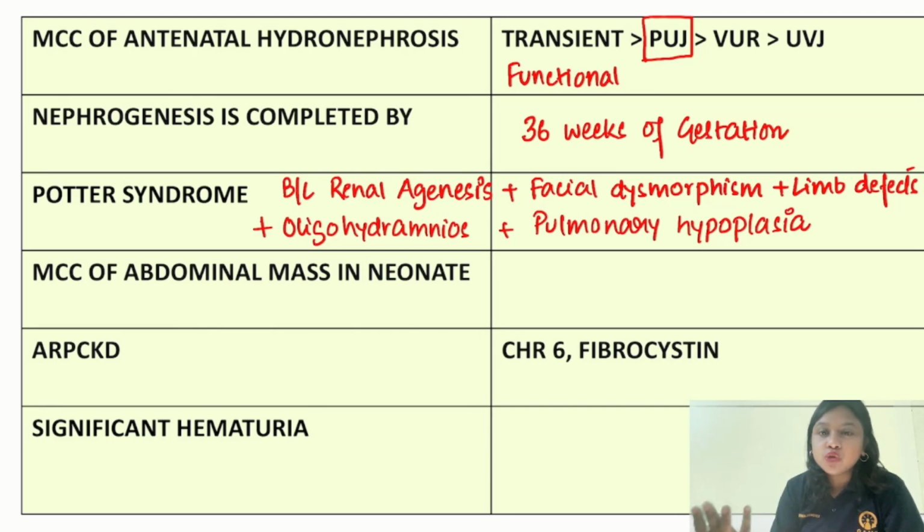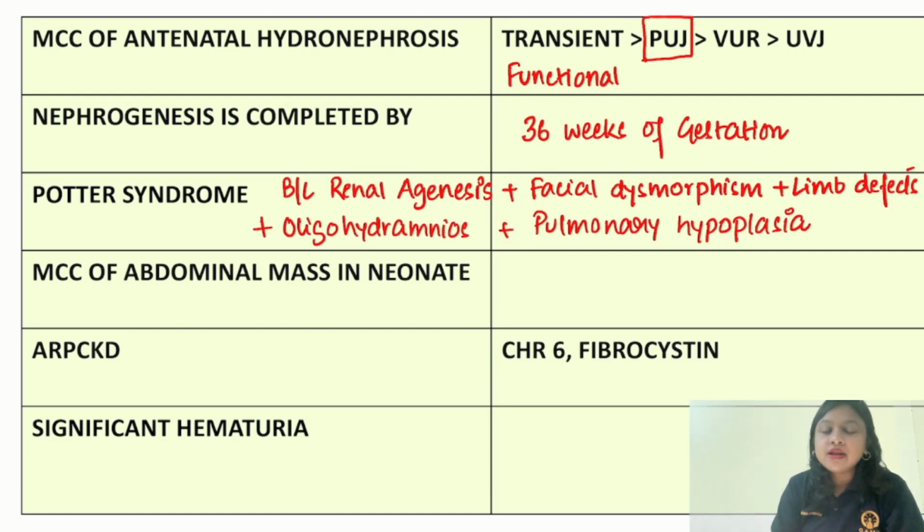Actually, ultrasound KUB is always done if you are having some midline defects, right? If you are having cleft lip, cleft palate, imperforate anus, scoliosis, congenital heart disease, renal agenesis, or single umbilical artery, we should always go for ultrasound kidney ureter bladder, right, to look for congenital anomalies of the kidney and the urinary tract.